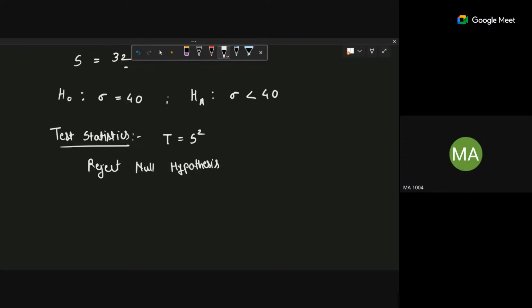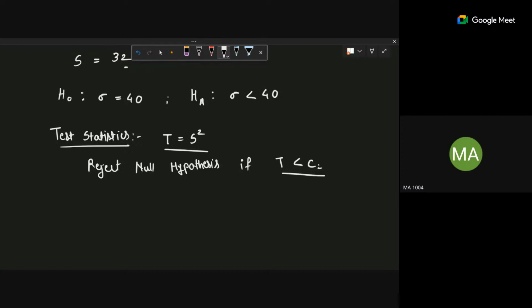Okay, no, no. See, the test statistic is T equal to S square, right? So now we will be checking S square, but when to reject null and when to accept it, what will be the test for that? So we will reject our null hypothesis if this T is less than C, for some critical value C.